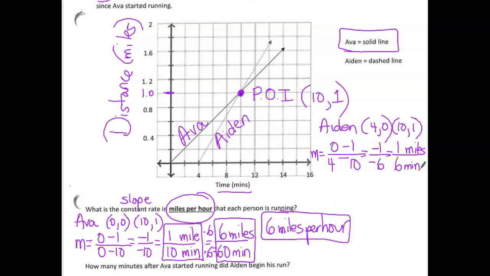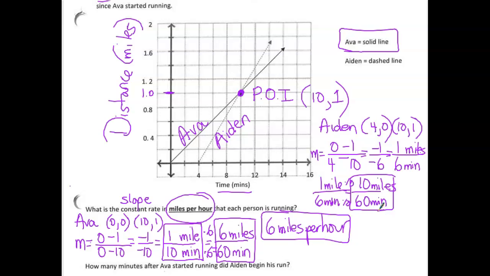However, remember, they do not want it in miles per minute. They want it in miles per hour. So I'm going to convert my 1 mile over 6 minutes to 60 minutes. So I have to think, what do I multiply 6 by to get to 60 minutes? 6 times 10 gives me 60 minutes. So I'm going to multiply my numerator times 10, and I get 10 miles over 60 minutes.